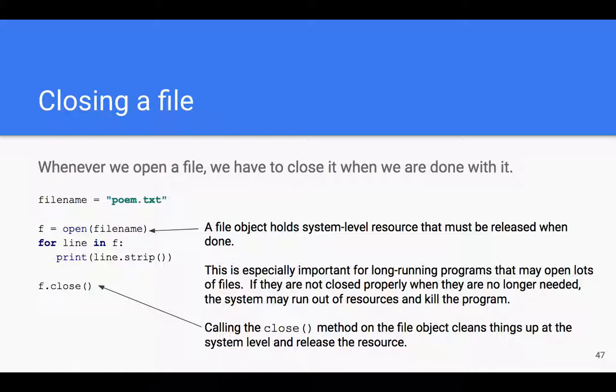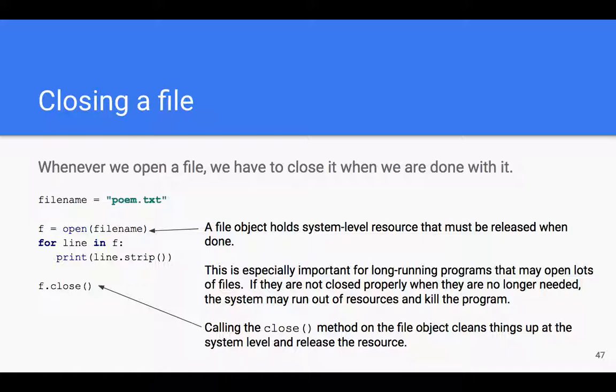Not the programs that we've written so far, but things like web servers, which just run for days, weeks, even months. These programs will open lots of files. So if they don't close them when the files are no longer needed, then the system may run out of these file resources. And when the system runs out of resources, it will kill the program to reclaim those resources.